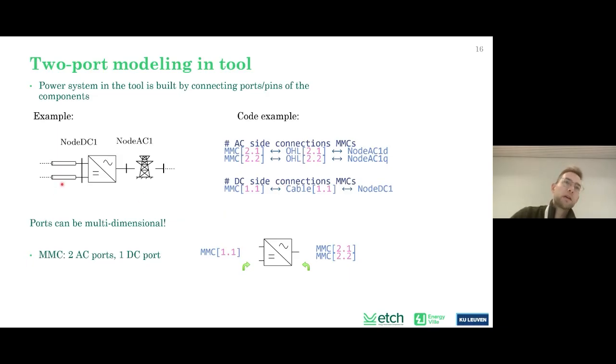And for the DC side of the MMC, we connect the DC side of the MMC to the DC side of the cable. Very important here is that ports can be multidimensional. In case of the MMC, the AC port is multidimensional, or also what we say, it has two pins. So basically it has two ports, and the DC port has only one pin.